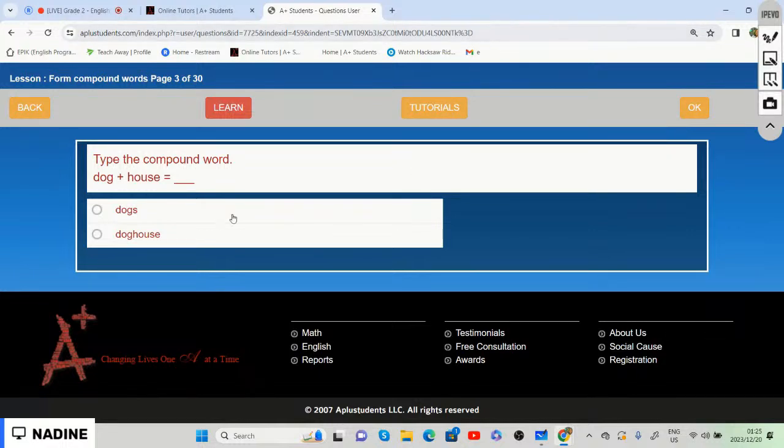All right, so we need to type the compound word from the two words, which is dog plus house. So we need to combine the word dog and house. So dog and house, right? Is it dogs? Or if we combine those two words, dog and house, it is doghouse.